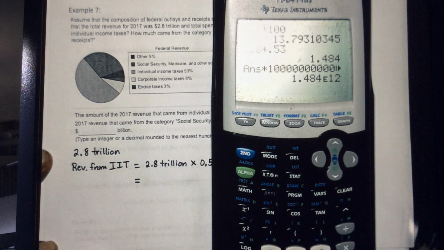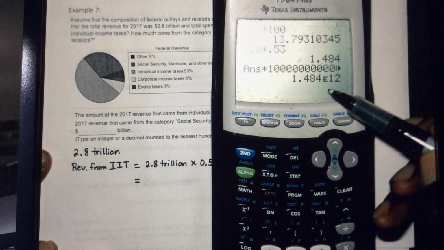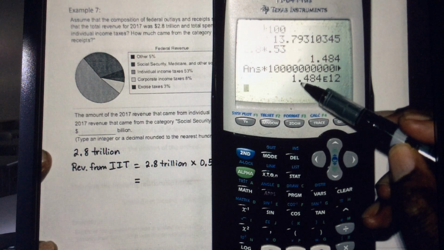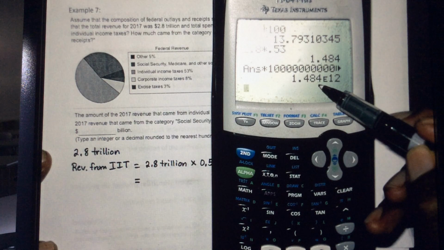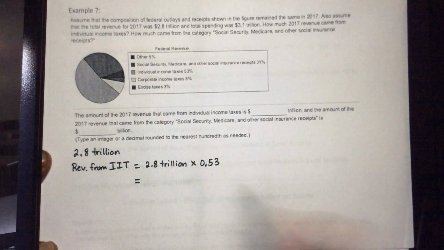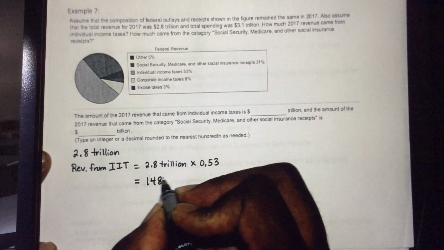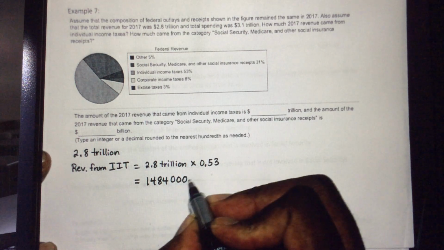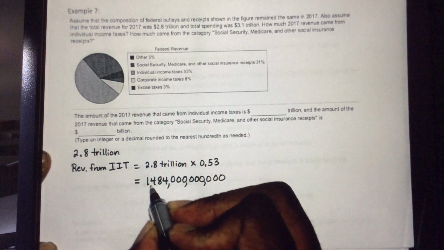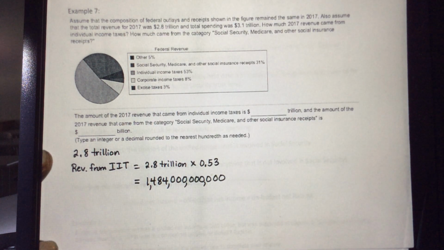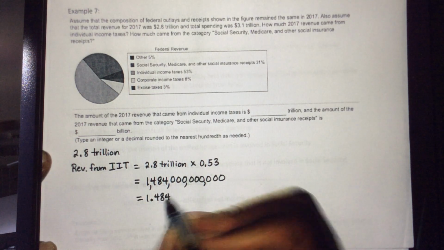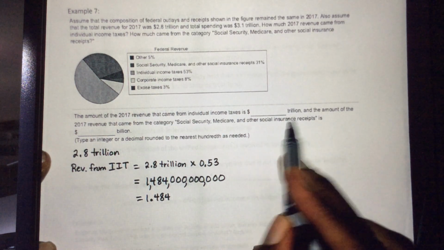Now in this case here, I got 1.484 e to the 12. That means I need to move that decimal point 12 places to the right. I only have room for 3 places to move to the right, so I need to move it another 9 places. So I need 9 zeros behind it. So I'm going to have 1484, and then I put 9 zeros behind it. So this will be about 1.48 trillion, and they want that as how many trillion?